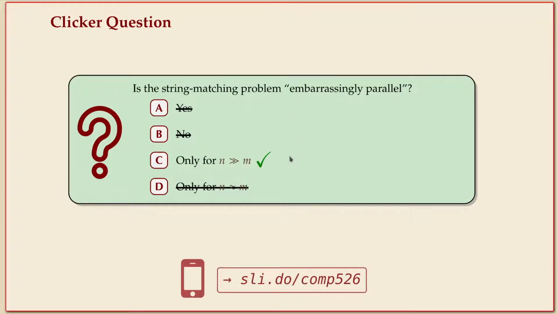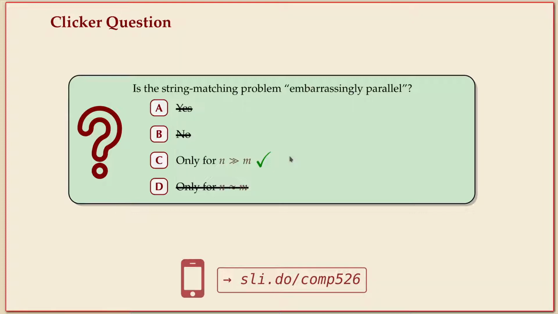It's embarrassingly parallel in the sense that you can solve it as efficiently as possible, so that the total time is dominated by the work efficient part. If the length is much longer than m, then you can say that this parallel time theta of m is not bothering me too much. The overall work divided by the number of processing elements that I have is probably dominating this. And so there I would say it's embarrassingly parallel.